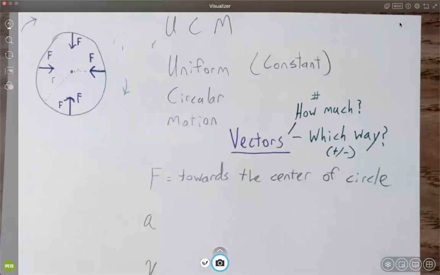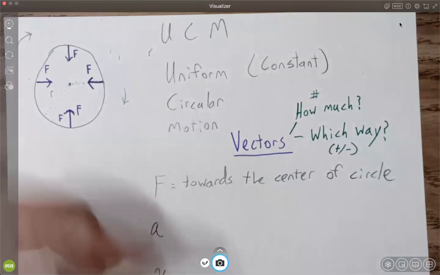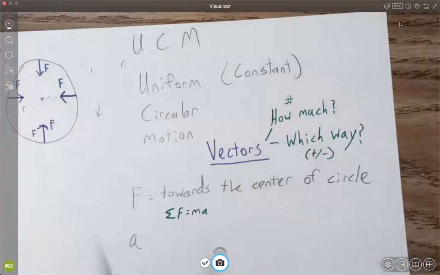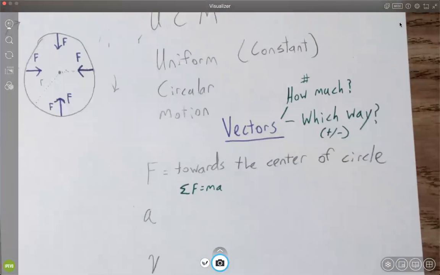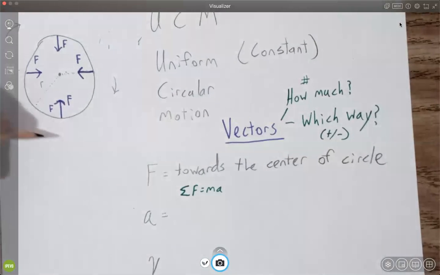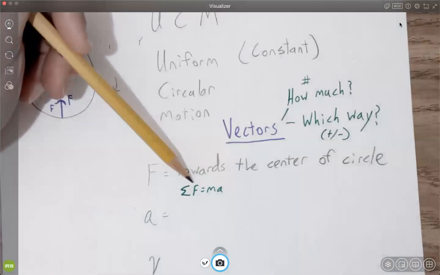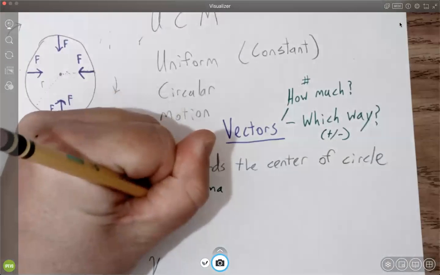Now we know something about force and its relationship to acceleration. We know that this net force equals mass times acceleration. Mass is just a scalar. In other words, you can't have a direction for your mass, but you can have a big amount of mass. So this acceleration, which is equivalent to the net force in terms of the vector, so this vector then for the acceleration is going to be in the same direction of that net force.